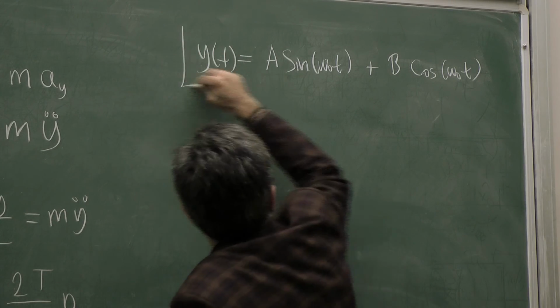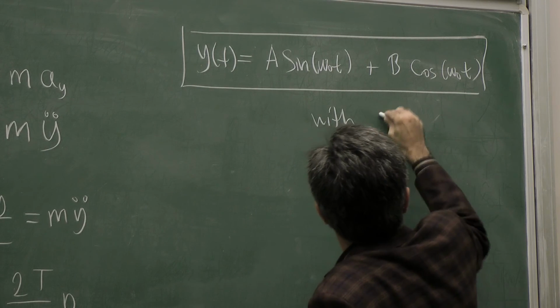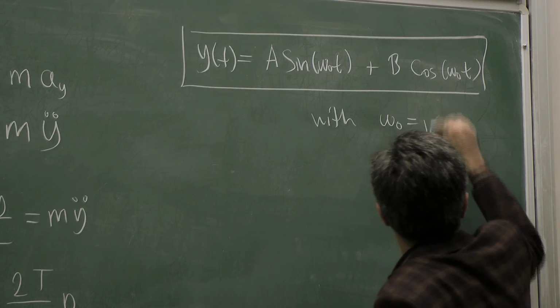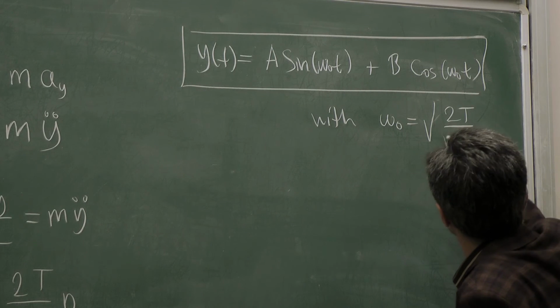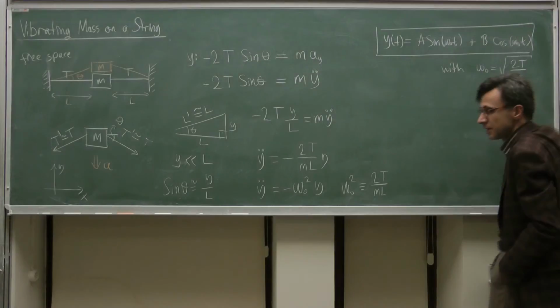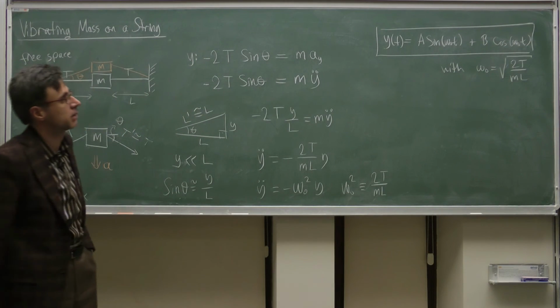So that is that, with omega naught being equal to the square root of twice the tension divided by mL. Note that this T is the tension on the string, not the period.